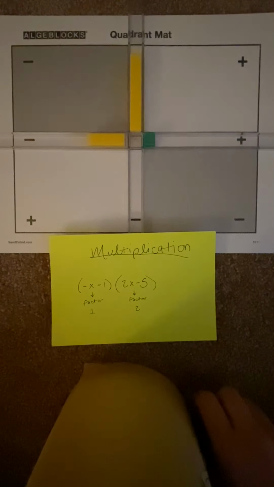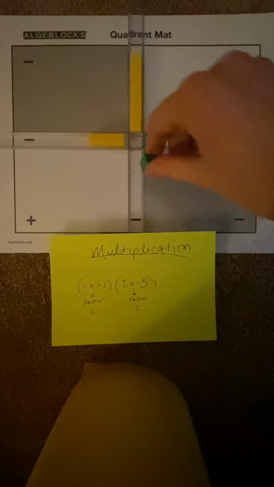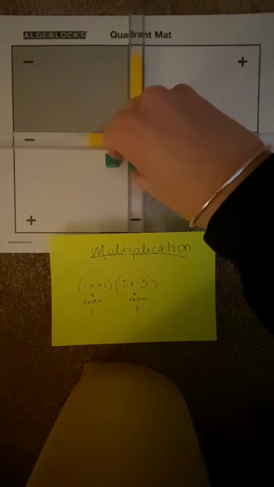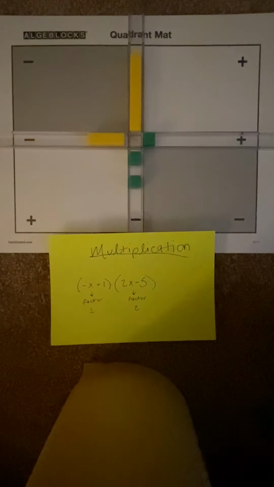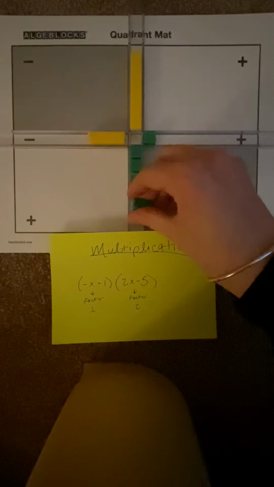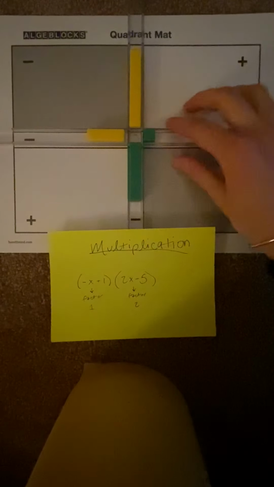And then we have minus 5. So we're also going to place these vertically on the negative side. So 1, 2, 3, 4, and 5.